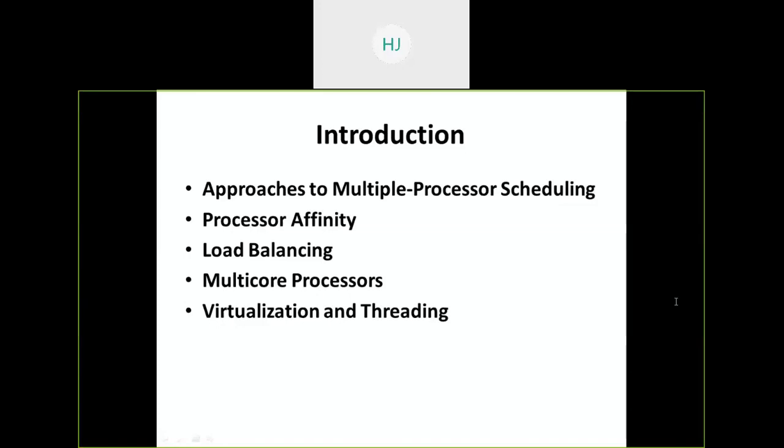Each core has a register set to maintain its architectural state and thus appears to the operating system as a separate processor. Symmetric multiprocessor systems that use multi-core processors are faster and consume less power than systems in which each processor has its own physical chip. However, multi-core processors may complicate the scheduling problem.